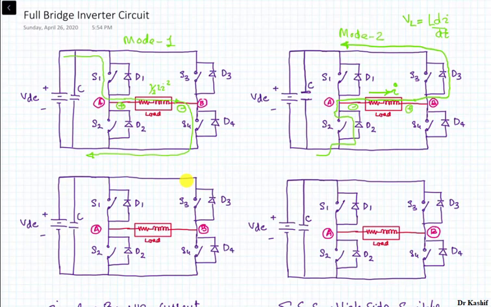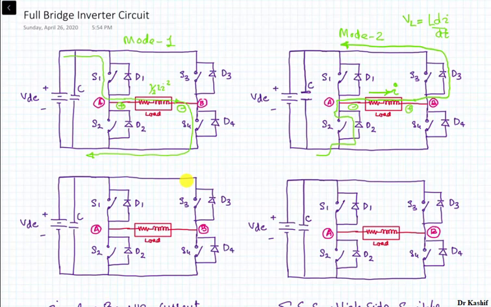In mode 1, your load was absorbing the energy, and in mode 2 your inductor is delivering the energy back to your source, because you have turned off the switches. S1 and S4 are off, and S3 and S2 may be on or may not be on.